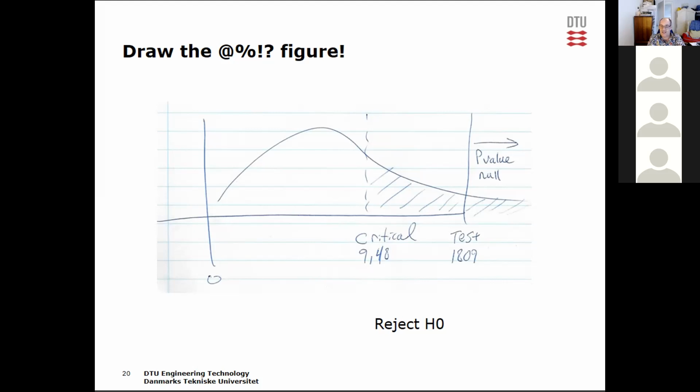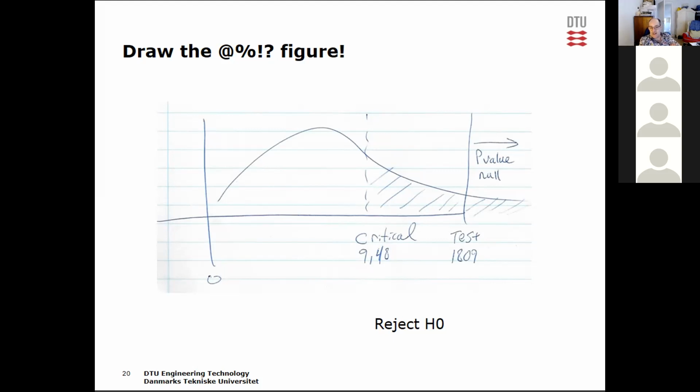Obviously, the test statistic is way out of sight on the diagram. It's so far over that the chi-square distribution has nothing left over, just an unmeasurable probability for the p-value.